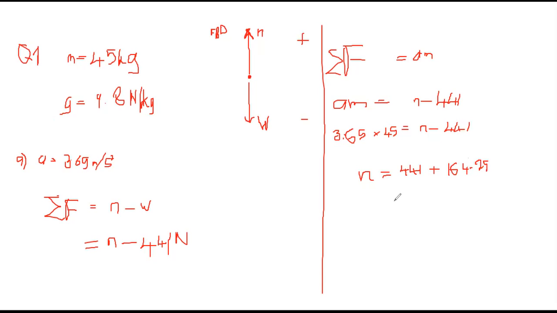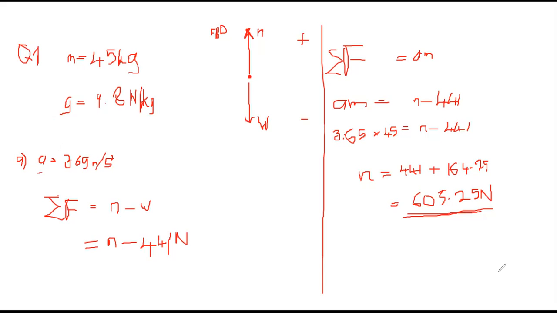The sum of the two gives us 605.25. Since it's a force, it's going to be measured in newtons. So this is what the scale would be reading if the elevator was accelerating upwards with this acceleration.